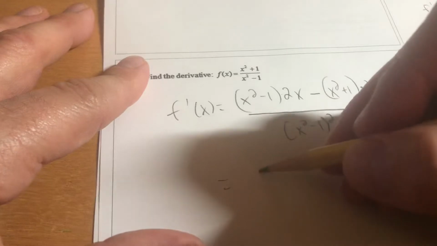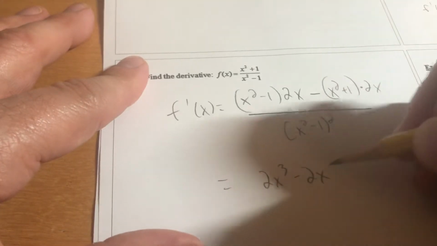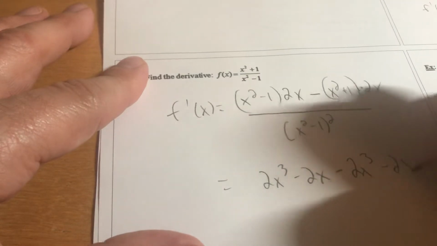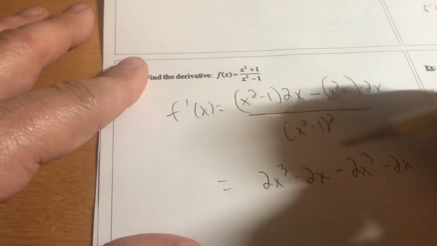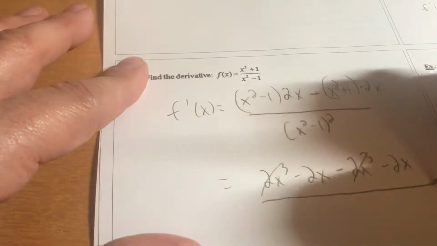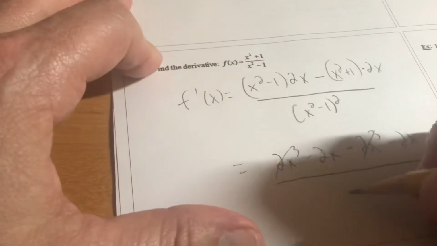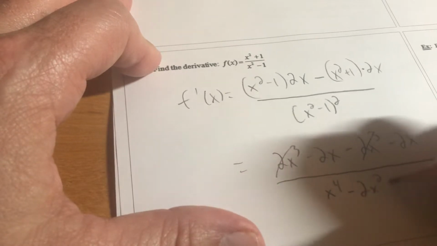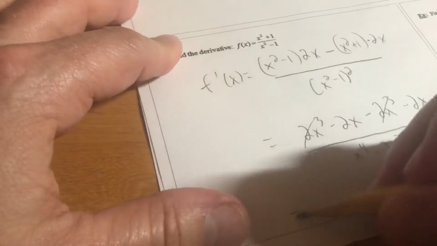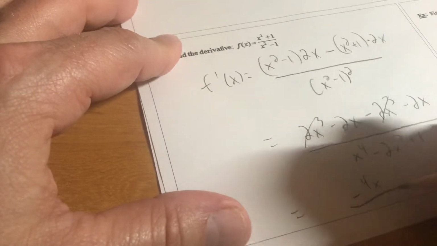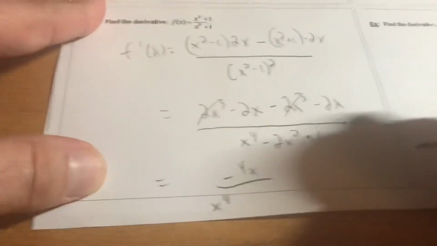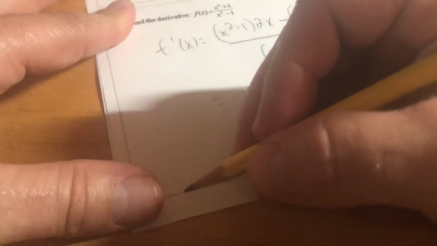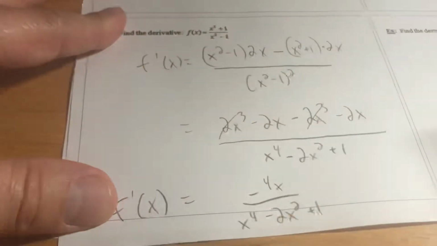Okay, so we're going to have 2x cubed minus 2x minus 2x cubed minus 2x, over x to the fourth minus 2x squared plus 1. And that is negative 4x over x to the fourth minus 2x squared plus 1. That is the derivative with respect to x.